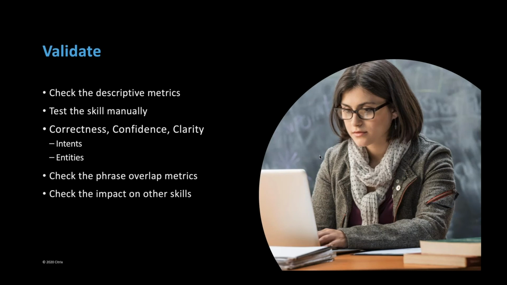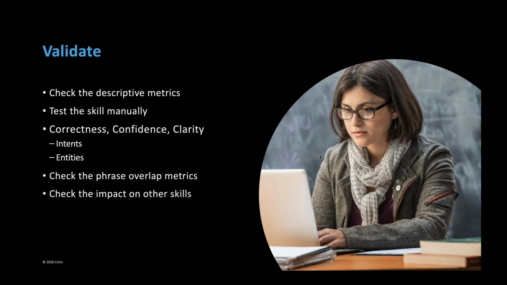That is why we measure a lot of different metrics on different levels. First of all, we check whether our best practices guidance was followed and we have enough phrases, entity annotations, etc. Secondly, we test the skills manually with some simple phrases just to see that it works as expected. Many basic issues are caught here already.